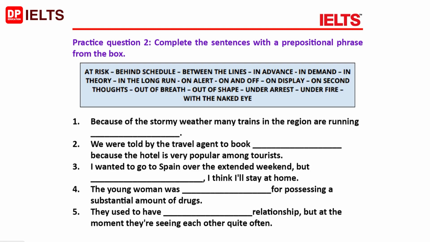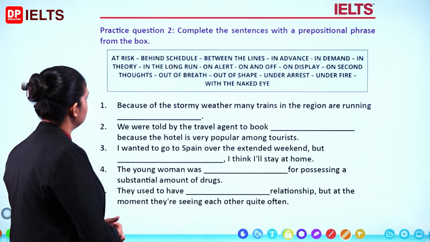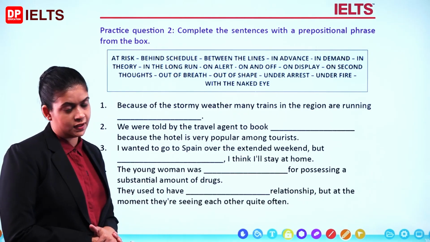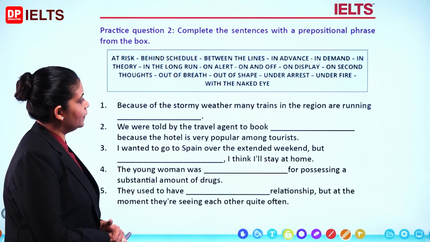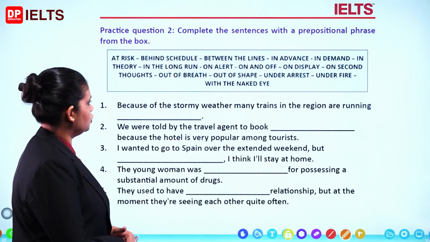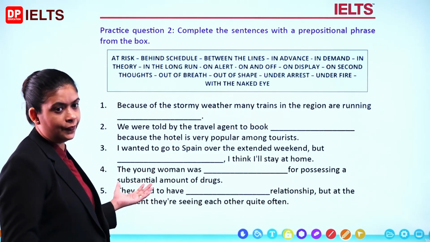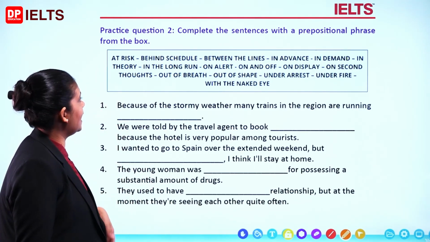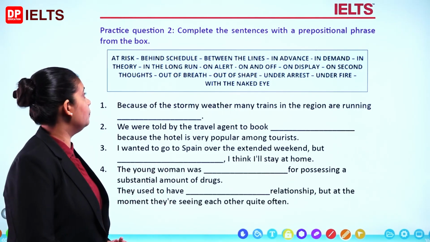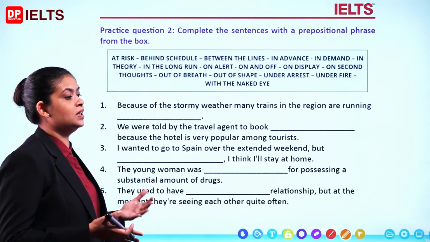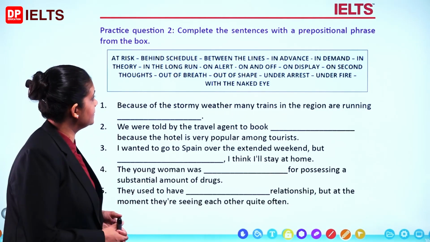All right. Practice question 2. Complete the sentences with a prepositional phrase from the box again, right? Because of the stormy weather, many trains in the region are running how? Now here you have phrases. At risk means it's a problem. Behind schedule means you're not doing it according to your deadlines.